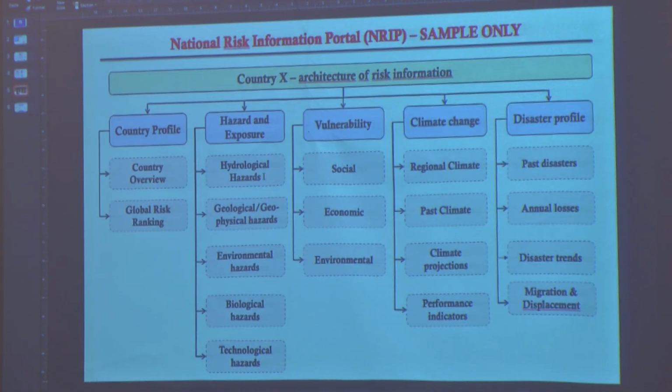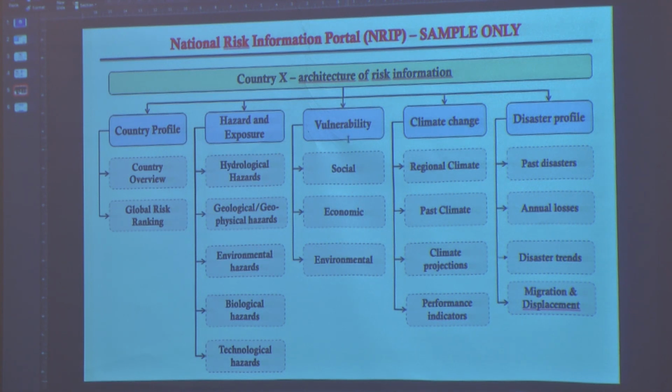Again, this is just a stylized version of how we're classifying the information. For Bangladesh, you've done this essentially in terms of capturing country profile and climate information. Where we see scope for further refinement is on the hazard, exposure, and vulnerability.